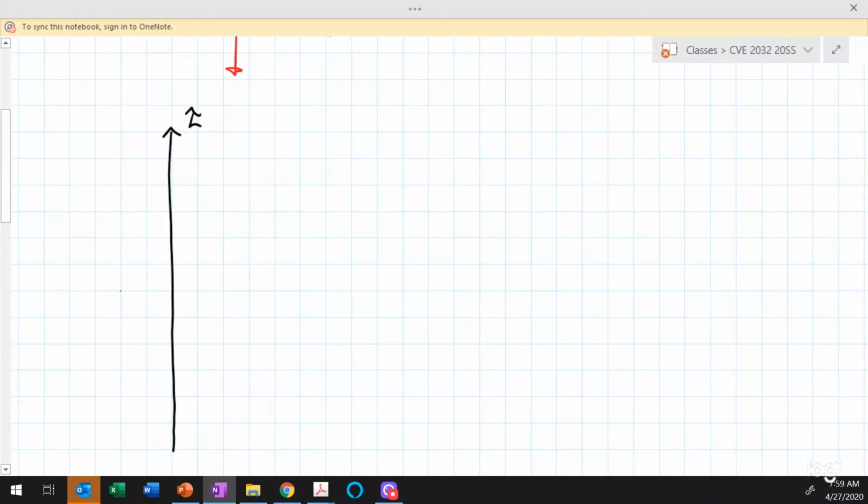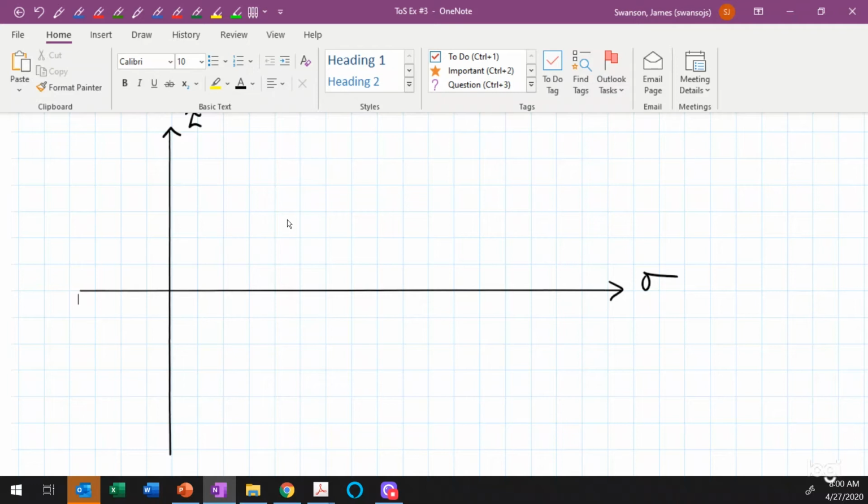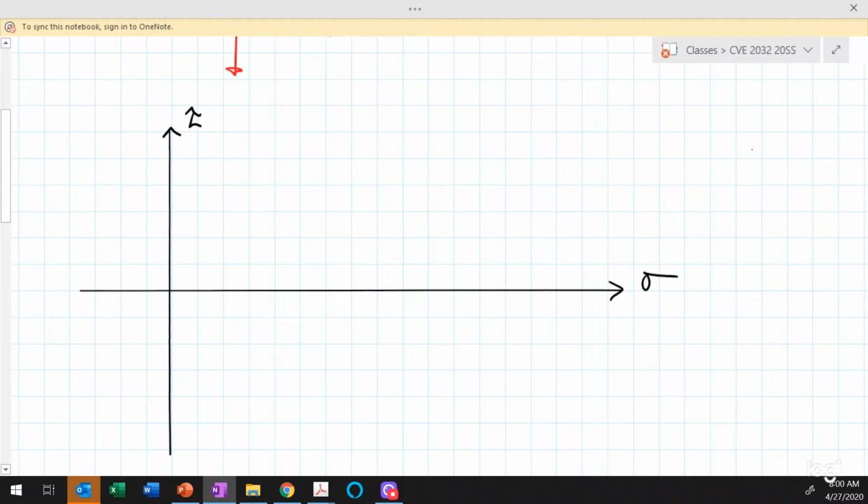Then I'm going to have a horizontal axis that goes like that, and that will be my sigma axis. Okay, I took a second and cleaned up the lines a little bit, drew them with a straight edge so that it looks a little bit nicer.